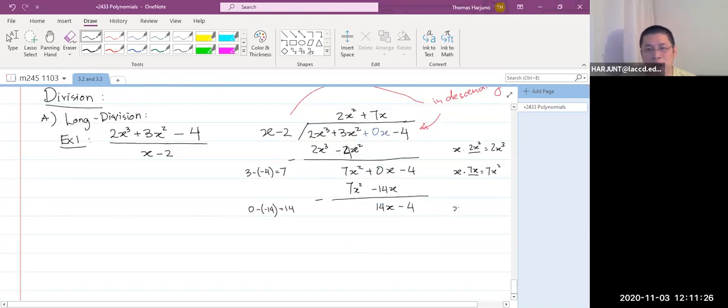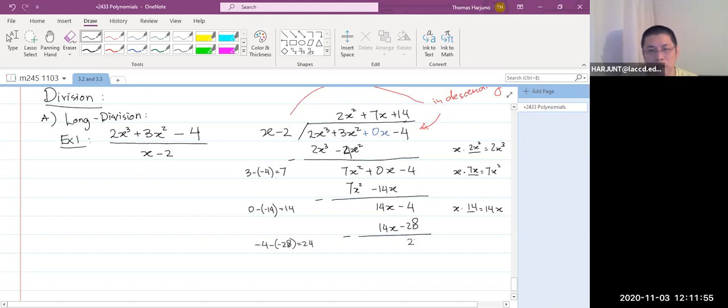Then last, x times what gives me 14x. 14. Okay, so plus 14 here, I get 14x minus 28. 14x cancels, negative 4 minus negative 28 will be 24.